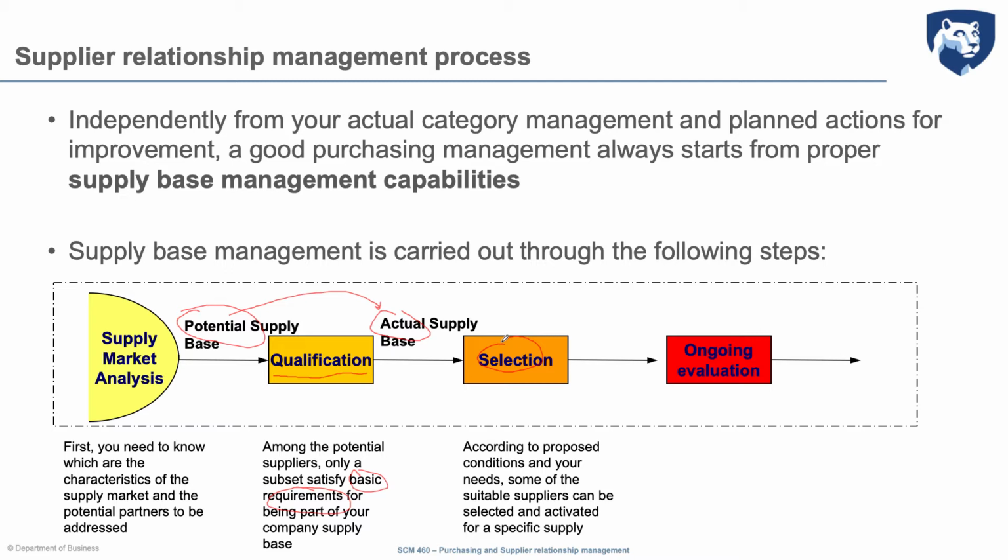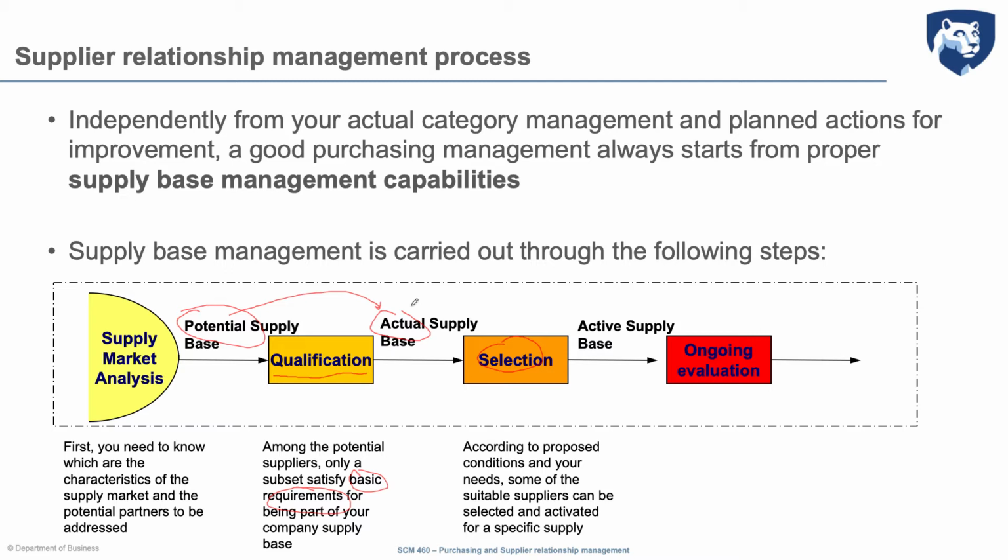Okay? At this point, I select some suppliers. The selected suppliers are the ones that are activated. So from potential, the ones potentially interesting, I step toward the actual: all the suppliers that are potentially able to satisfy my need, in light of respecting my qualifying criteria.